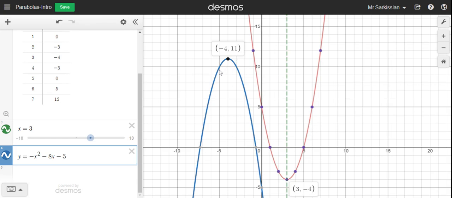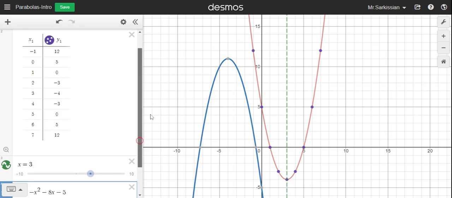So always you end up with either the case where the parabola opens upward or the case where it's opening downwards. And there is no third case scenario because obviously the coefficient of x squared is either positive or it's negative. End of the day. Okay.